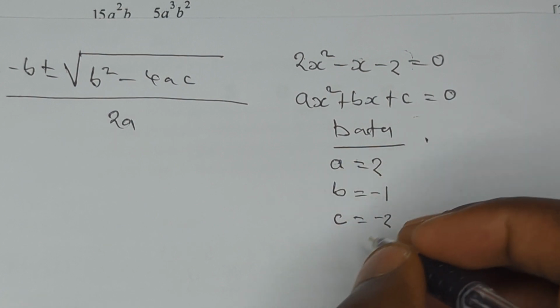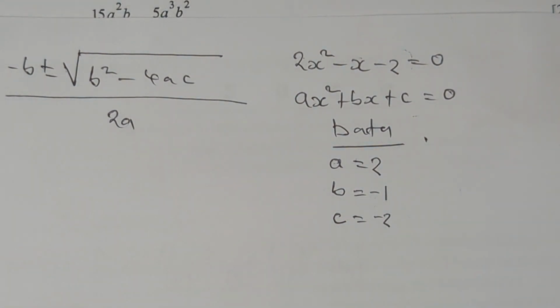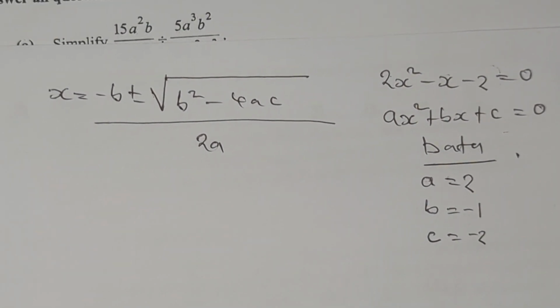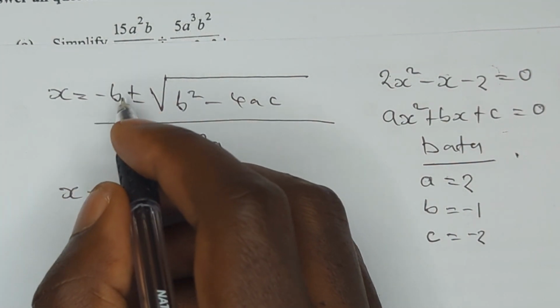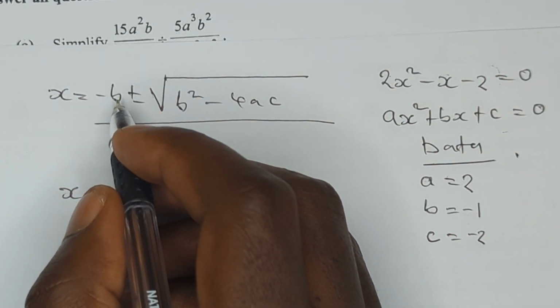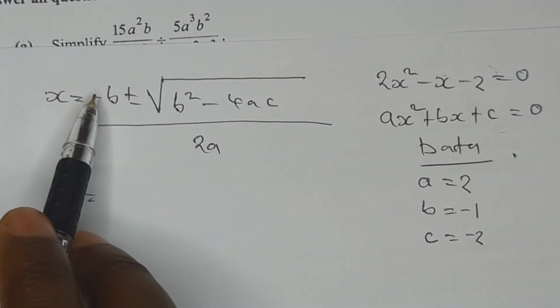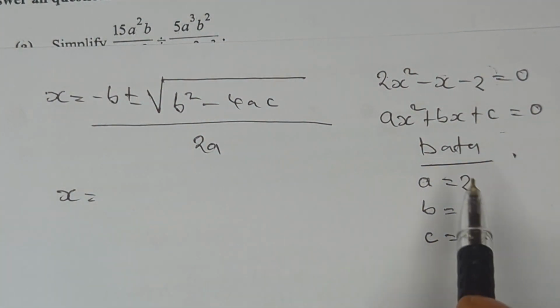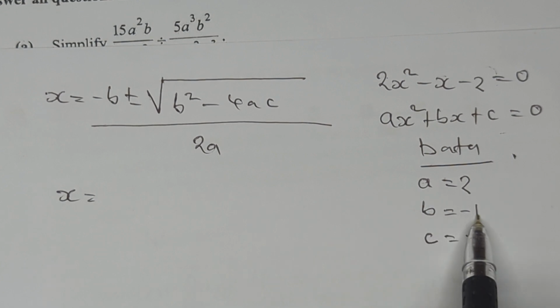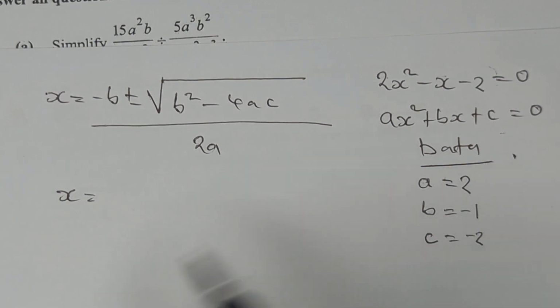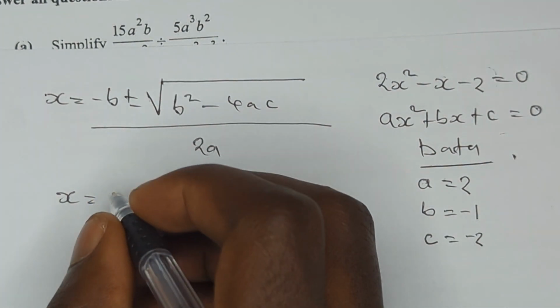Now that we have our data, we can replace the figures. So x is equal to, in the formula, we have negative b. And the data that we've collected, b is equal to negative 1. So this negative, we are going to put it in brackets.